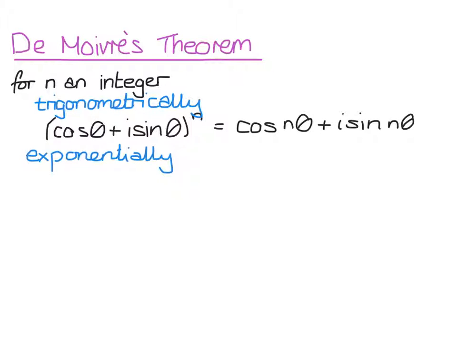Whilst exponentially, it states that (e to the theta i) all to the power of n is equal to e to the power of n theta i.